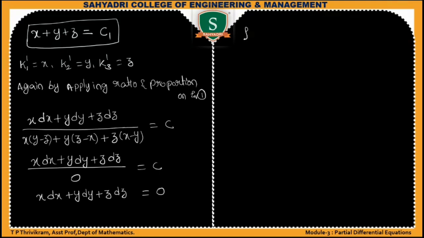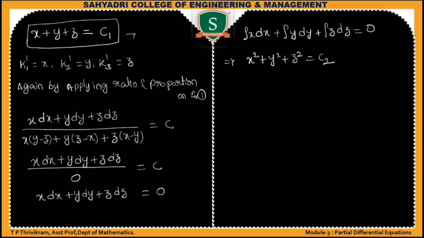We'll get integral x dx, integral y dy, integral z dz is equal to 0. So what will be the solution? x square plus y square plus z square equal to some c2. So take it as equation 2, and the earlier one as equation 3.